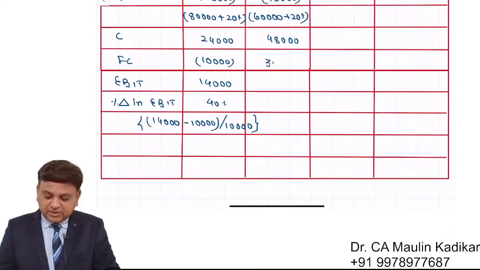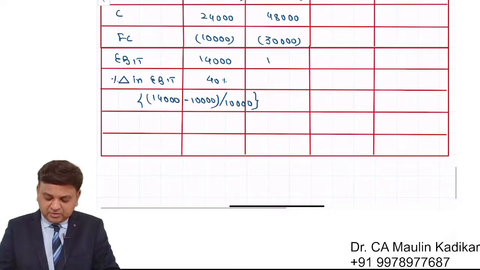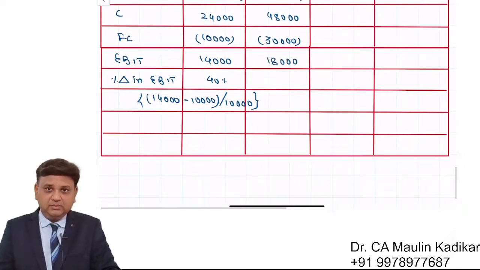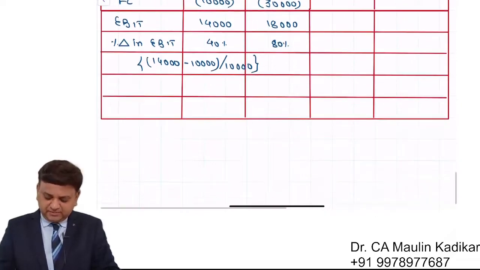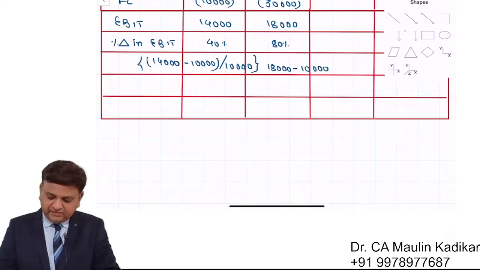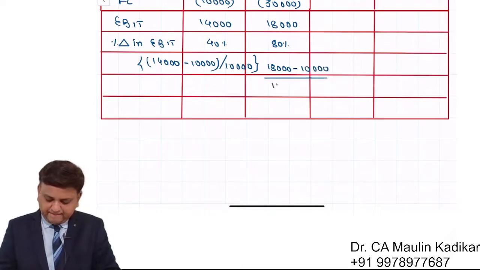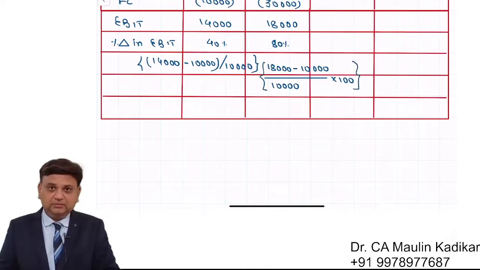It will remain 30,000 as it was before. Then it is 18,000. Percentage change in EBIT will be 80 percent. How 80 percent? It is 18,000 minus 10,000 divided by 10,000 into 100. So it increases by 80 percent. Okay.